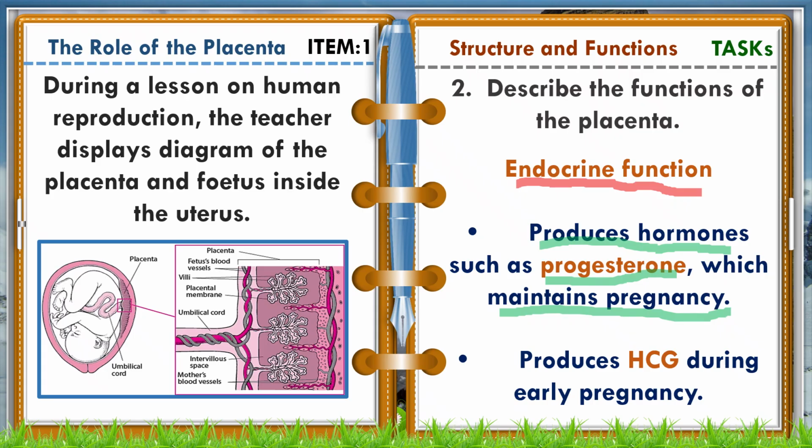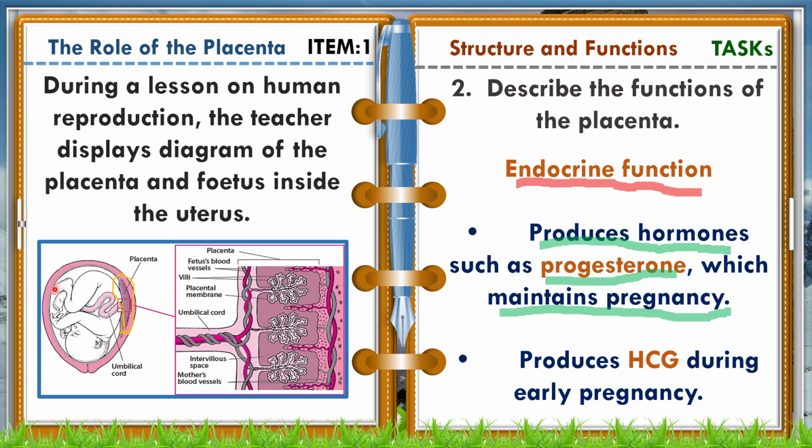So that small part which we are calling the placenta, this part here, also has a function of producing a hormone called progesterone. And what is the function of progesterone? Progesterone is the one that maintains pregnancy.